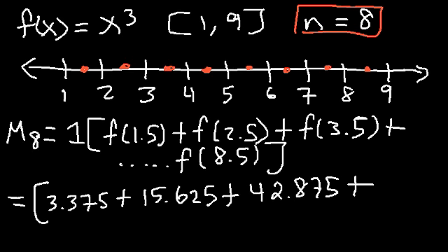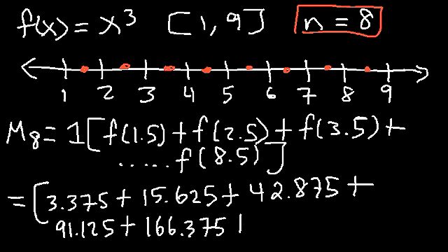4.5 to the third power is 91.125. 5.5 to the third power is equal to 166.375. And then 6.5 to the third power, that's 274.625.